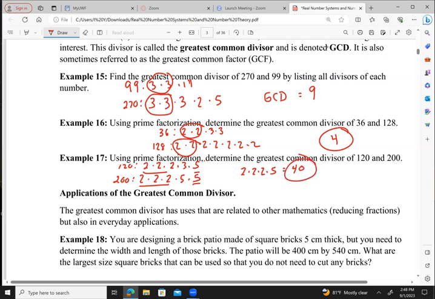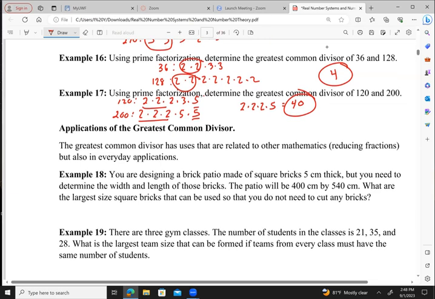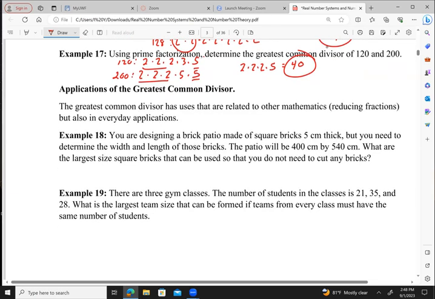So what are the applications of this? What purpose does this serve? The greatest common divisor has uses that are related to other mathematics, such as reducing fractions, but also in everyday applications. You are designing a brick patio made of squares 5 centimeters thick, but you need to determine the width and length of those bricks.